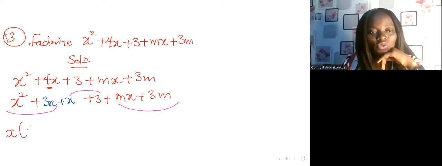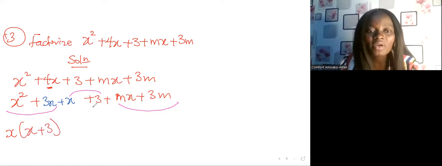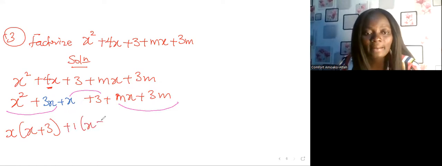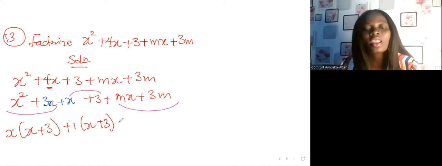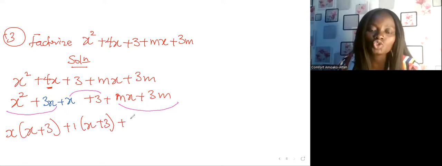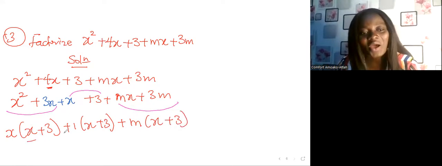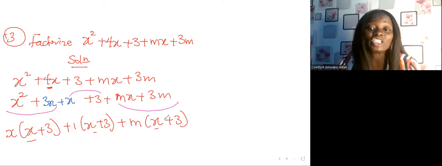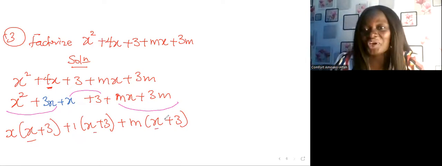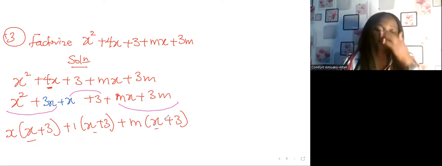So bringing x out, we are going to be left with what? x plus 3. Then what is the common factor here? 1. We have x plus 3. Plus, what is the common factor here? m. We are left with what? x plus 3. Since you are getting all those inside the bracket to be the same, it means you're on the right track.